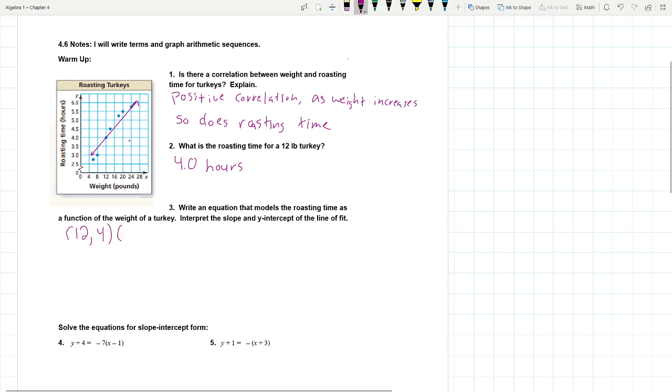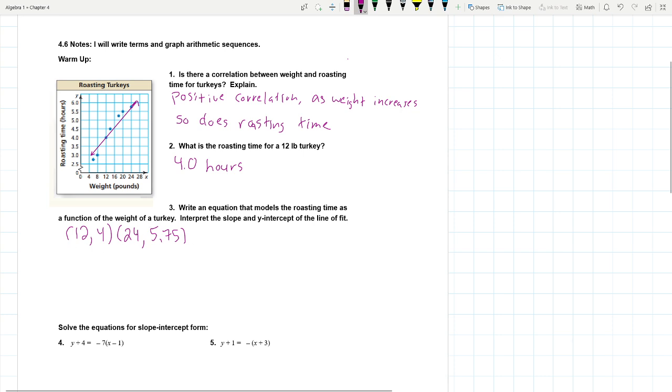The next one is at 24, and I'm going to call that 5.75. You get to do that if you're not expressly told what each point is. Perhaps using this dot right here might have been a little more accurate, but I just like how this one looks.